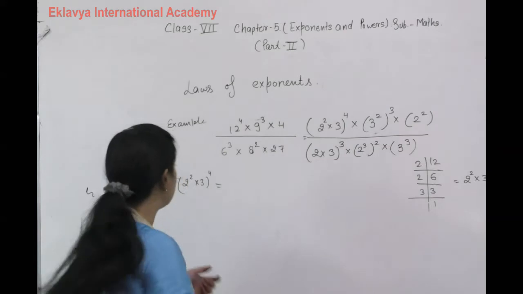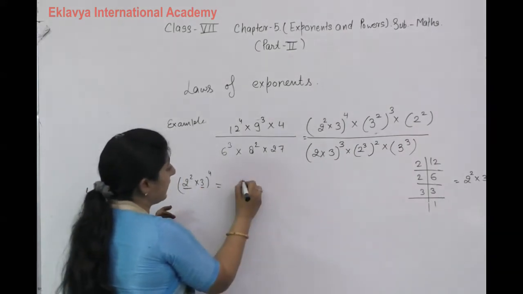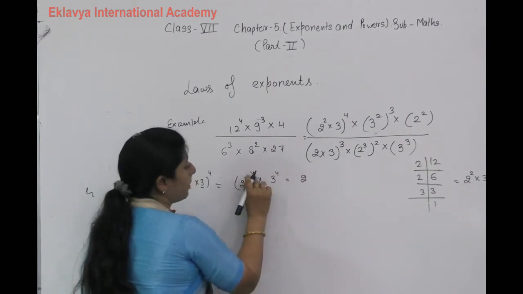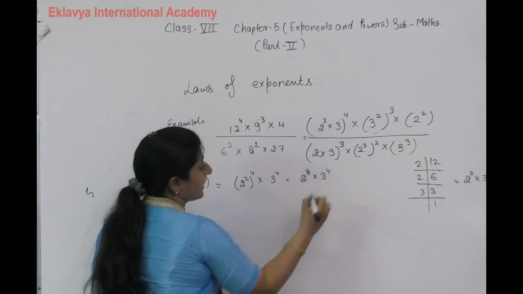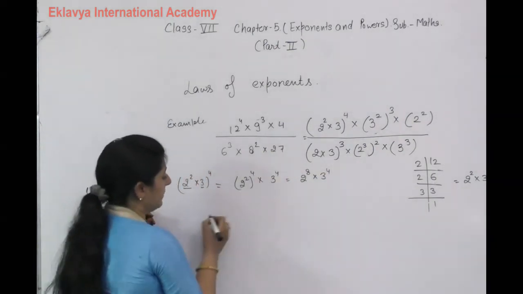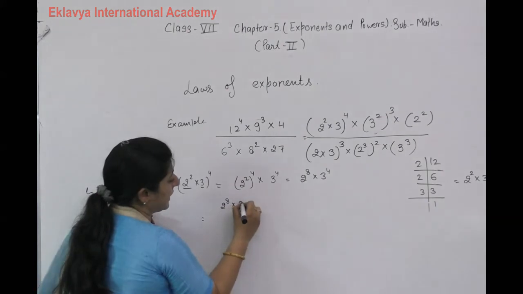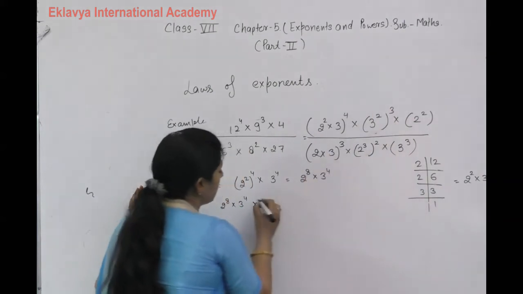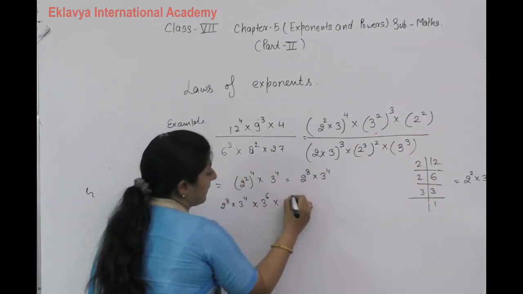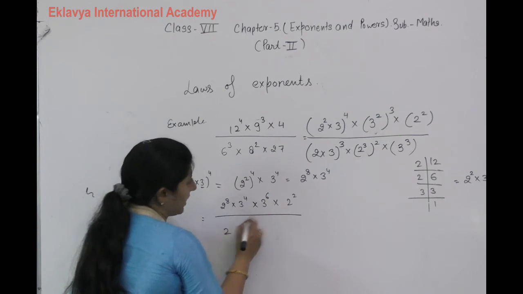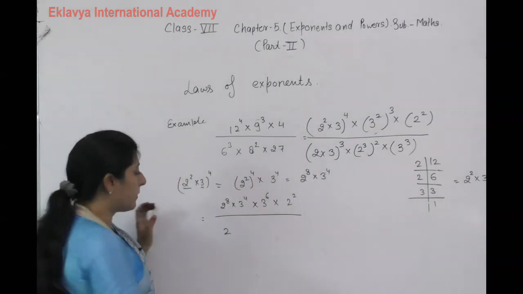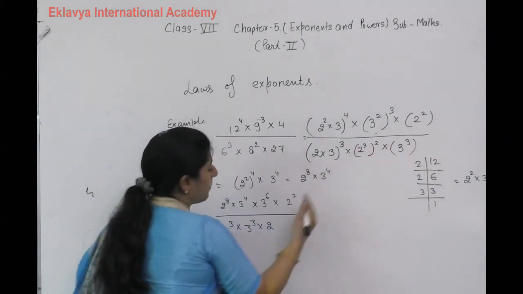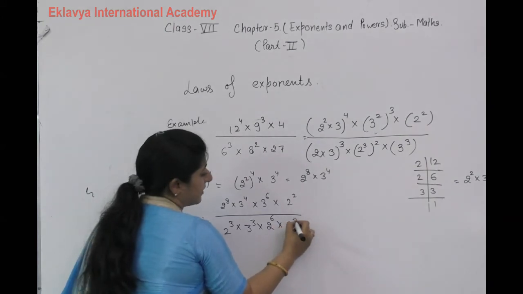It is the same as separating 2^4 into 3^4. Power to power multiply, then it becomes 2^8 multiply by 3^4. Again power to power, 3^6, 2^2, divided by, again solve like this, 2^3 multiply 3^3 multiply (2^3)^2 multiply 3^3.